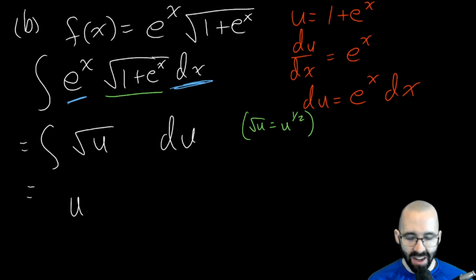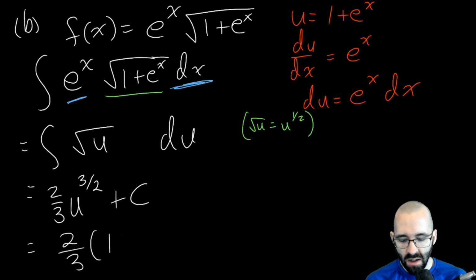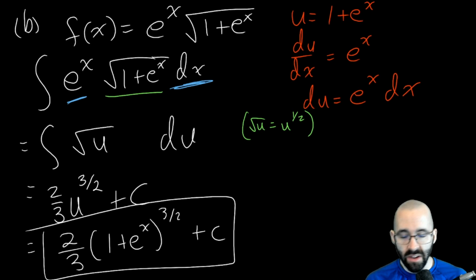We'll remind you of why later in this section. So add 1 to the exponent. 1/2 plus 1 is 3/2. Dividing by 3/2 is the same as multiplying by 2/3. Add a c. And then our final step will always be to get everything back in terms of x's. And that's our final answer.